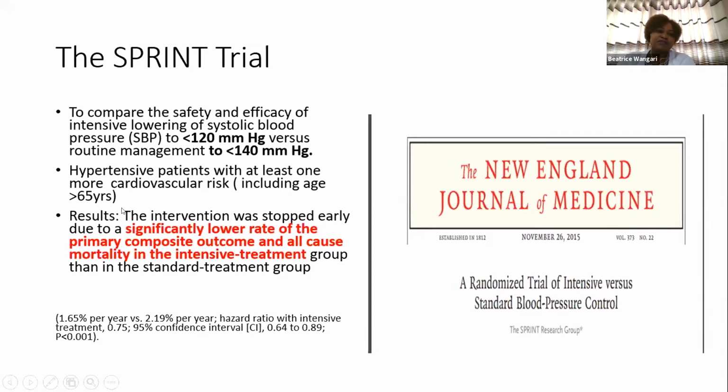Some actually were above 75. But the intervention was actually stopped early because there was a significantly lower rate of primary composite outcomes of myocardial infarction, cardiovascular disease, and all-cause mortality in the intensive group compared to the standard group. And you can review this paper.